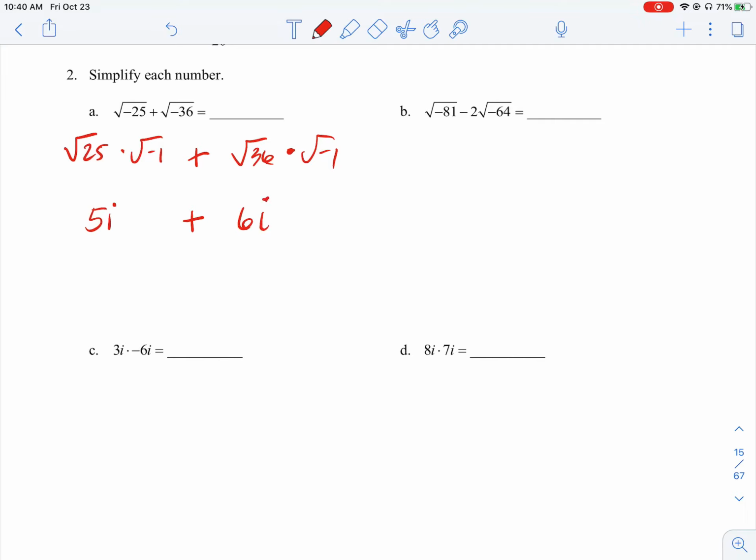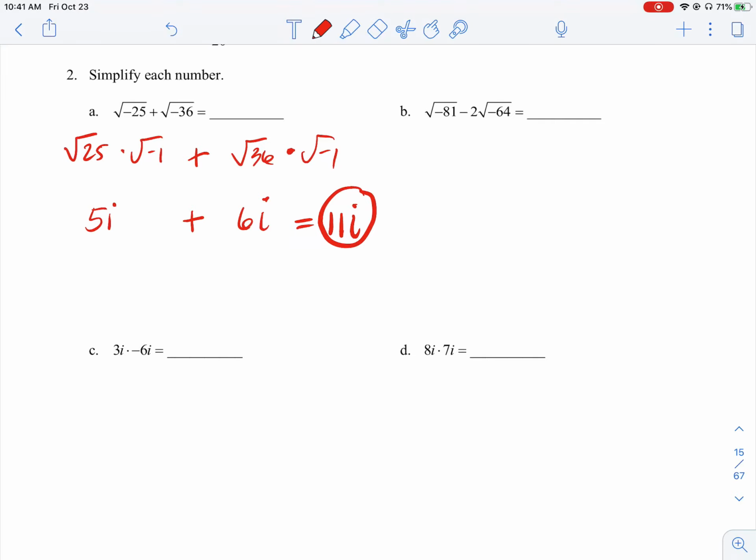Oh, they're like terms. 5i plus 6i is 11i. So we treat this one like a variable. You know how if this was 5x plus 6x, I would have 11x, right? So same idea. So you have 11i for number 2.